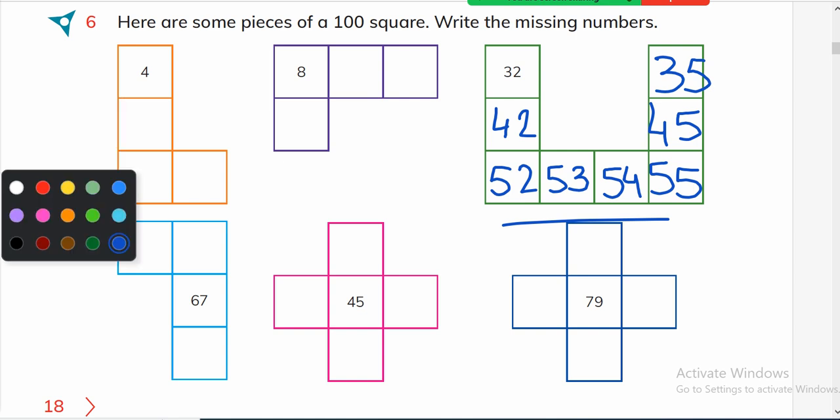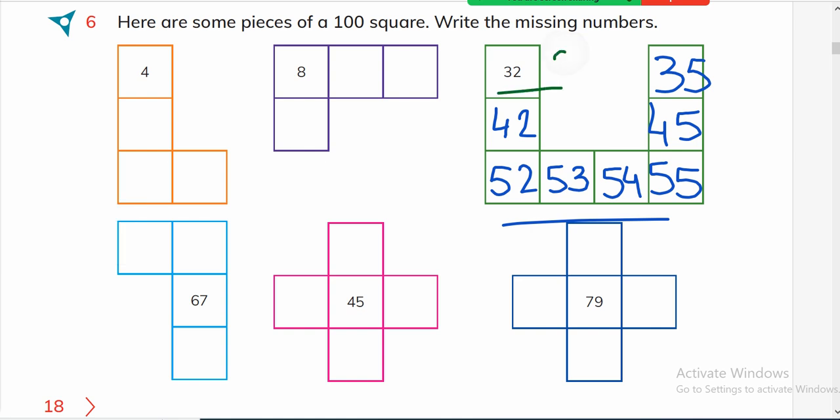Okay, we can check our answers by writing the numbers here like 32, 33, 34, 42, 43, 44. But no need to write it in the book. You can just check it in your mind.